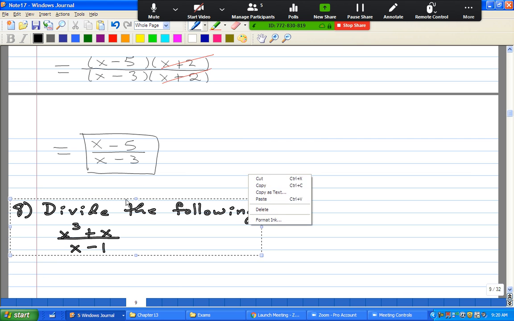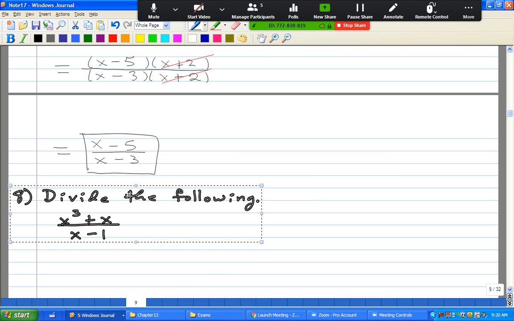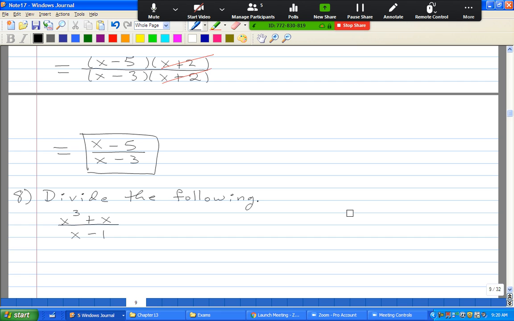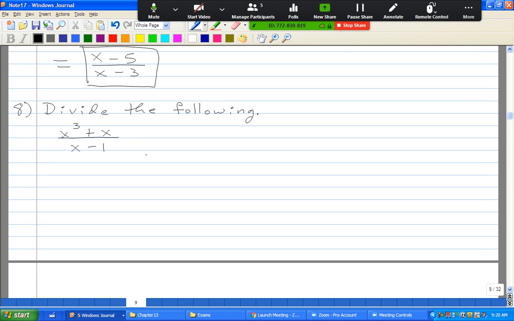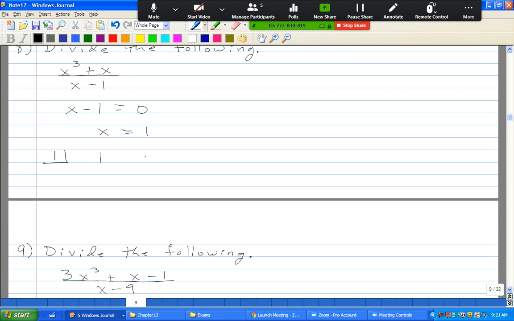So let me do problem number 8. Divide the following. I can do that by synthetic division. So setting x minus 1 equal to 0, I get that x is equal to 1. And so let's do some synthetic division. So I have 1x cubed plus no x squared plus 1x plus 0.